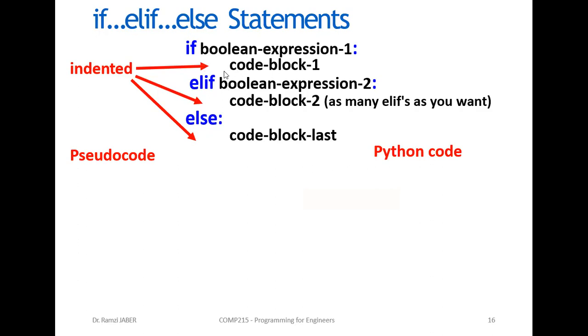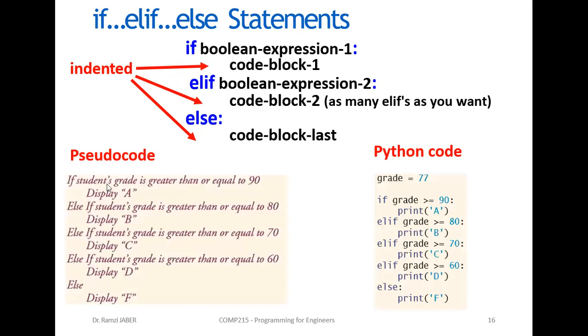Then elif, another condition or expression 2, colon, code block 2. We can put elif as many times as you want. At the last, we put else, colon, your code block for the last one.